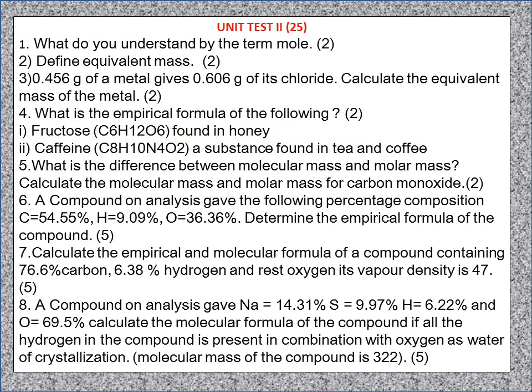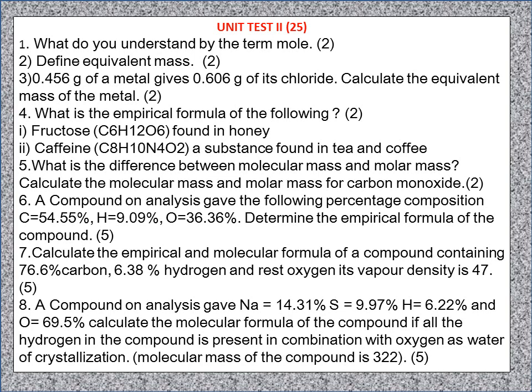Here is the unit test for around 25 marks. What do you understand by the term mole? Define equivalent mass. 0.456 grams of metal gives 0.606 grams of chloride. Calculate the equivalent mass of the metal. I told you the chloride method, use that formula to calculate the equivalent mass. Then they have given you molecular mass of fructose and caffeine. They are asking you to find out the empirical formula.